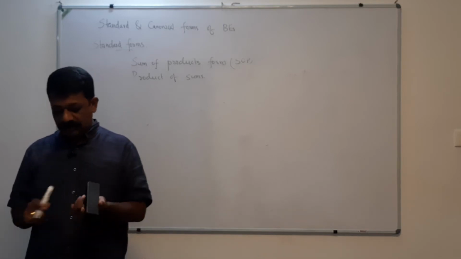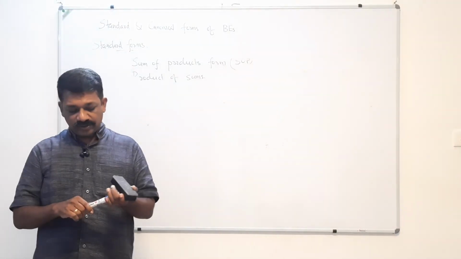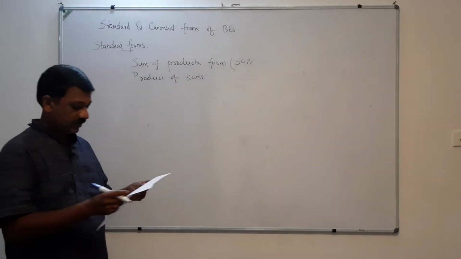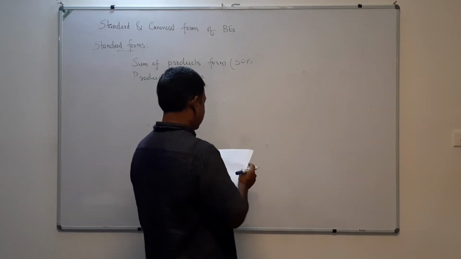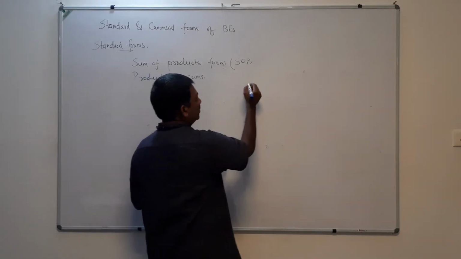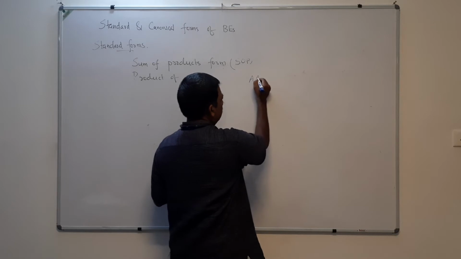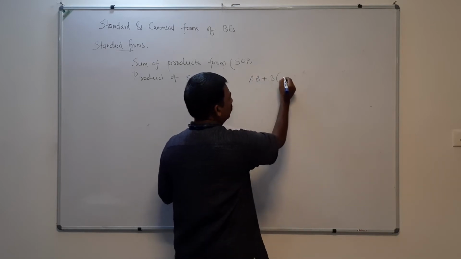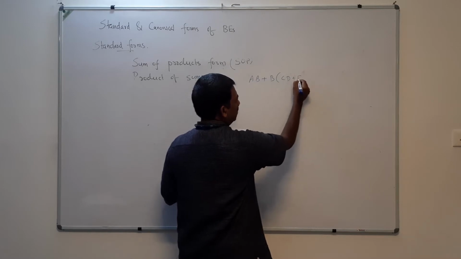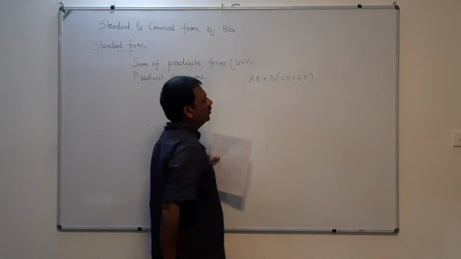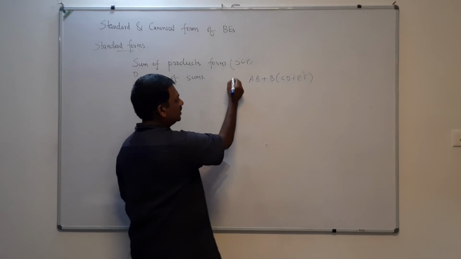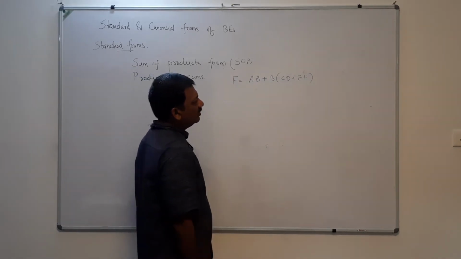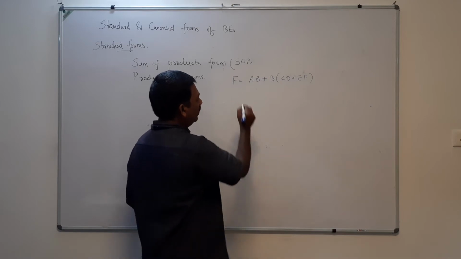Some examples we are going to do: convert to standard form AB + BCD(B(CD + EF)). How do we do that? This is F = AB + BCD(B(CD + EF)).